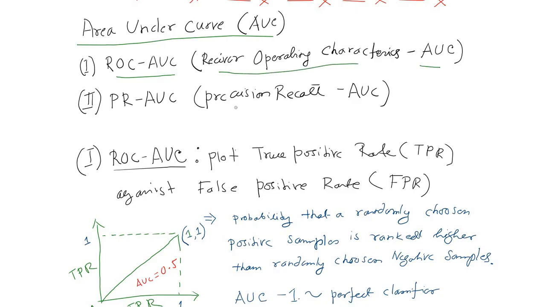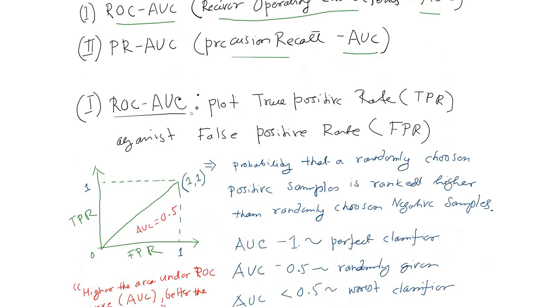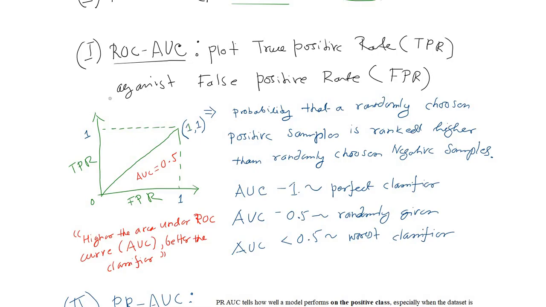Another is the precision-recall area under curve. The ROC curve plots the true positive rate against the false positive rate: on the y-axis it is the TPR versus the x-axis FPR.